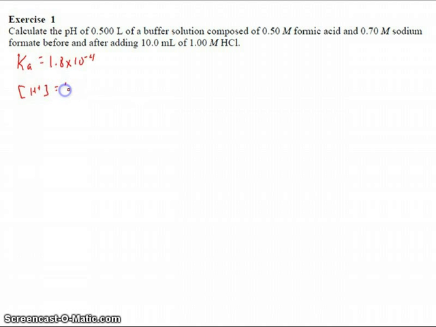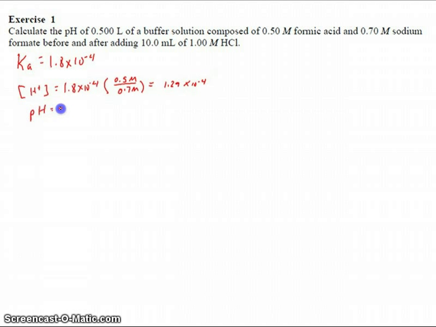That is equal to 1.8 times 10 to the minus 4 times HA, which is the formic acid, so 0.5 molar HA concentration over A minus concentration. And so when I do that, I'll see that H plus is equal to 1.29 times 10 to the minus 4 molar.